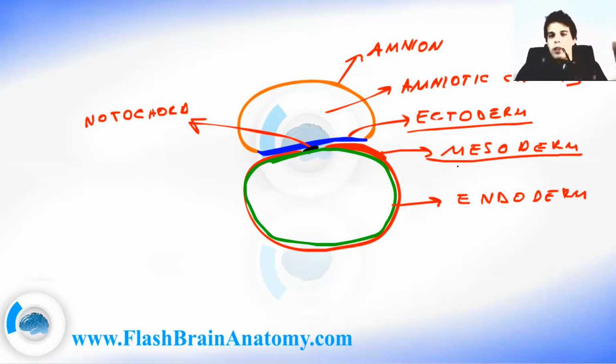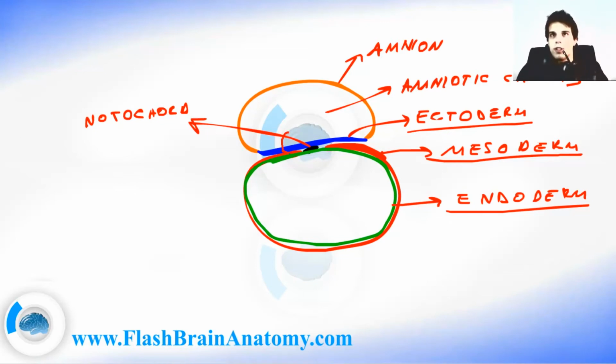Now the mesoderm layer is the middle layer between the ectoderm and endoderm. It is important for connective tissue development. Endoderm is the innermost layer. It forms the epithelial lining of multiple systems. But we are not actually interested in endoderm and mesoderm that much. We are interested in the ectoderm and notochord.